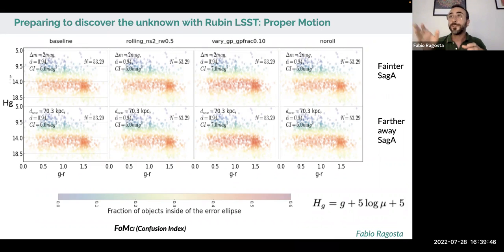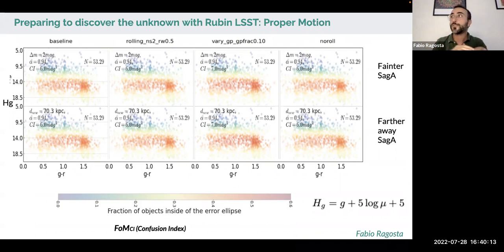In this slide is shown the reduced proper motion diagram. There is a plot that shows the H_G parameter that follows the equation in the bottom right, and the color. The two rows show four panels each, and each panel is an opsim.